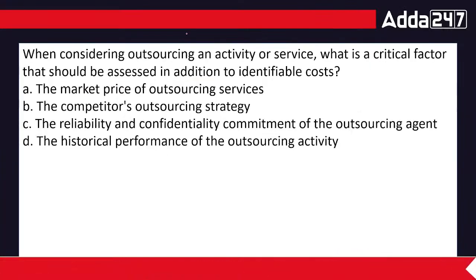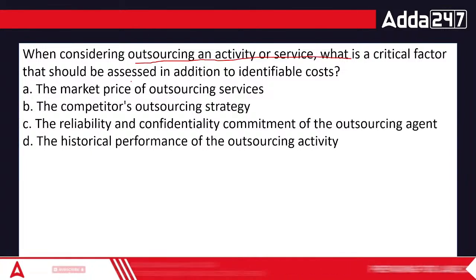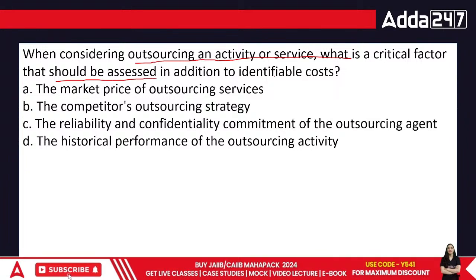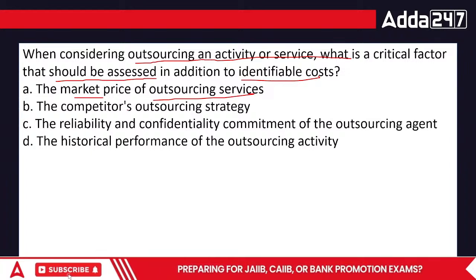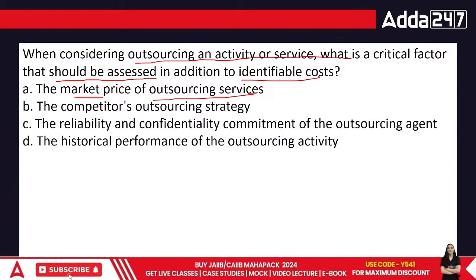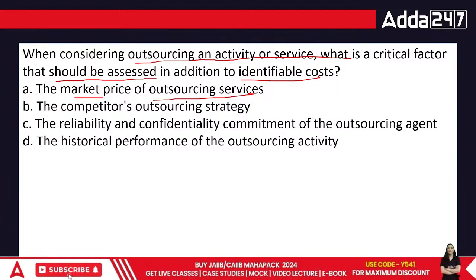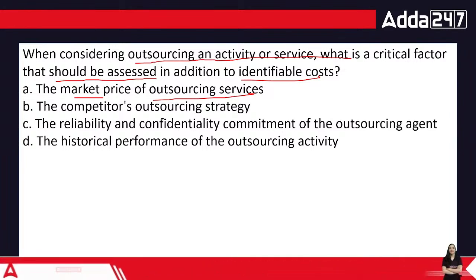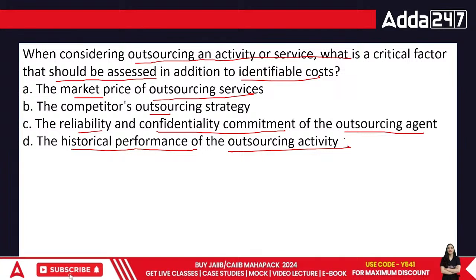Okay. When considering outsourcing an activity or service, what is the critical factor that should be assessed in addition to identifiable costs? The market price of the outsourcing service, the competitor's outsourcing strategy, the reliability and confidentiality commitment of the outsourcing agent, or historical performance of the outsourcing activity.